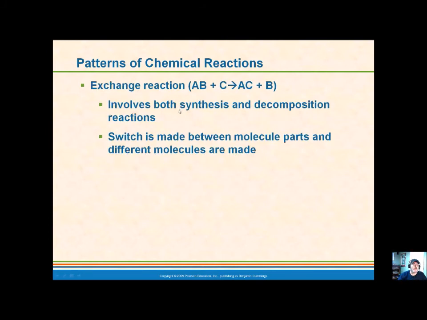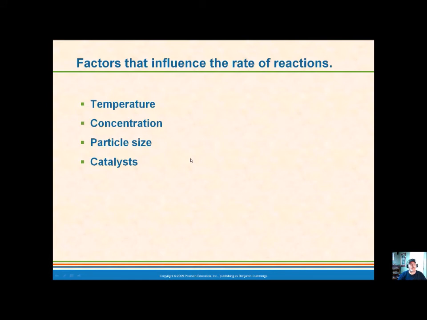I'm not going to worry about exchange reactions, but there are some things that will affect the rate that something reacts. Temperature is one of them, because when you add energy, the movement of the molecules increases and increases the likelihood that they're going to bang up against each other and have a reaction.